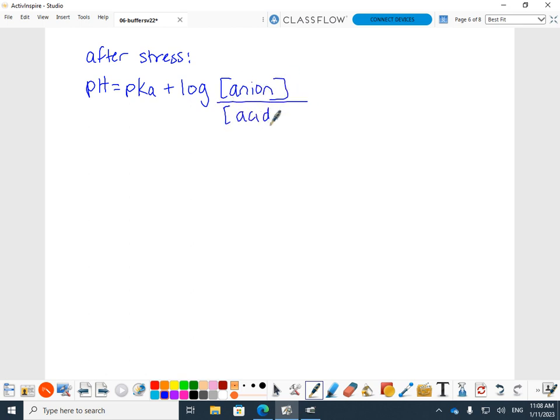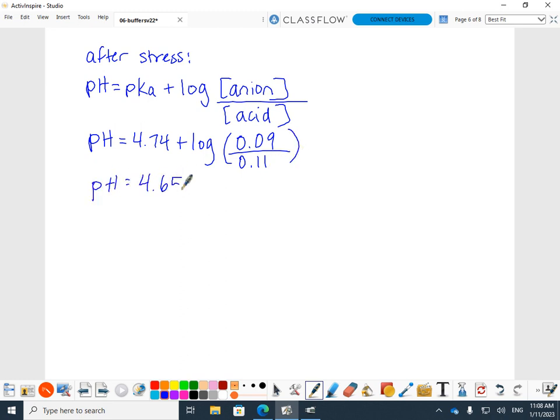Okay, so I just don't want to squish. Now we're going to do the after the stress. The pH before was 4.74.